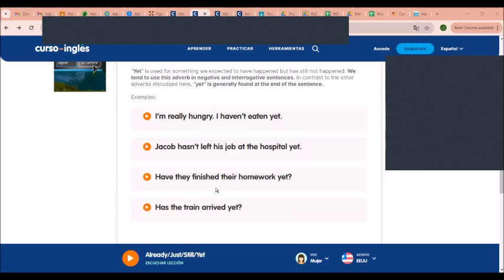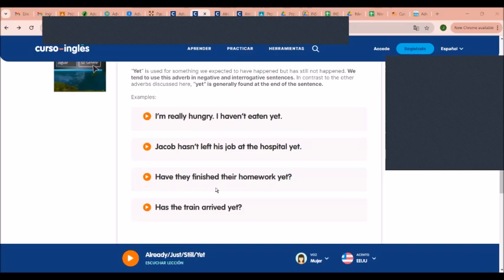In contrast to the other adverbs discussed, here yet is generally found at the end of the sentence. Examples: I am really hungry. I haven't eaten yet. Jacob has not left his job at the hospital yet. Have they finished their homework yet? Has the train arrived yet?